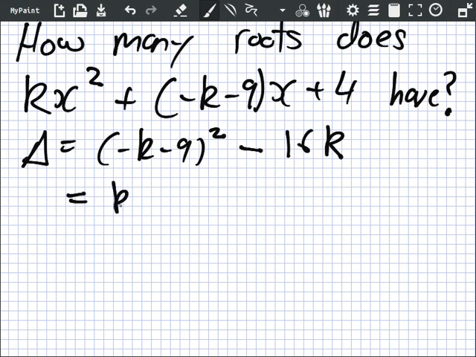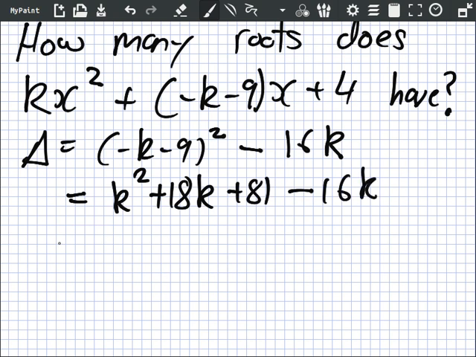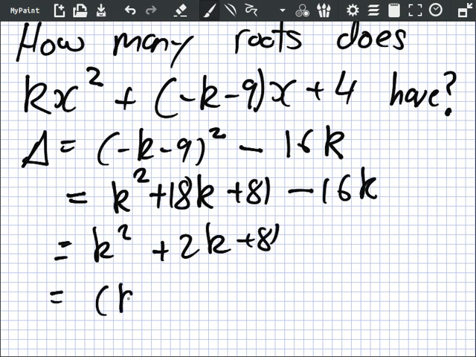This is k squared plus 18k plus 81 minus 16k. So that's k squared plus 2k plus 81. But you can rewrite this as (k plus 1) squared plus 80.